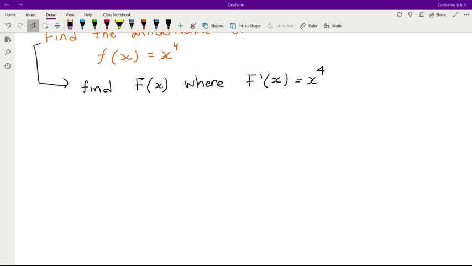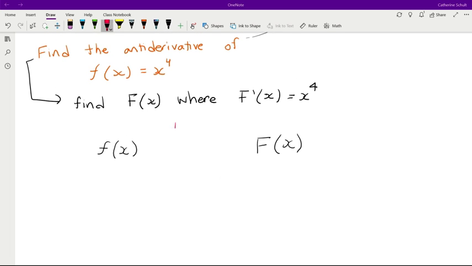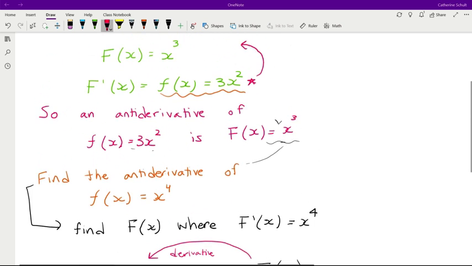We make a little chart. When we take the derivative, we go this way, and up here it was x cubed.